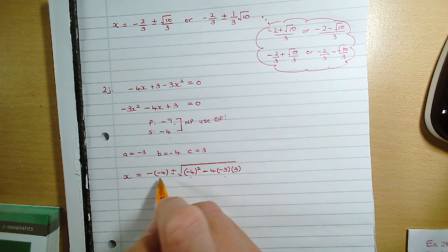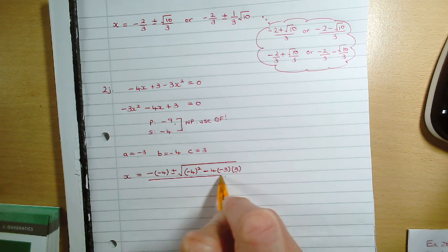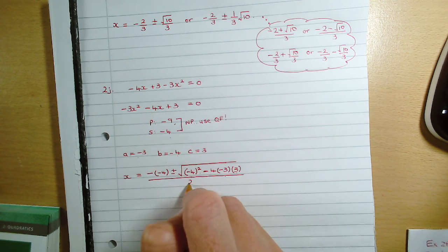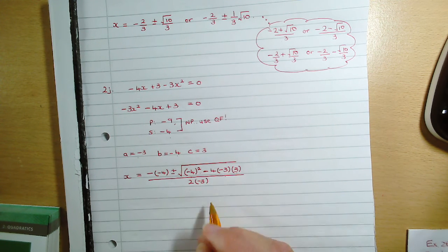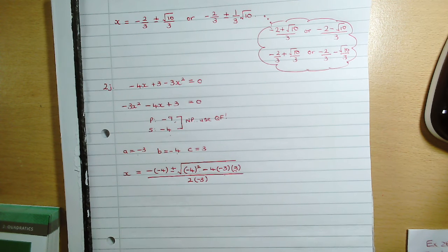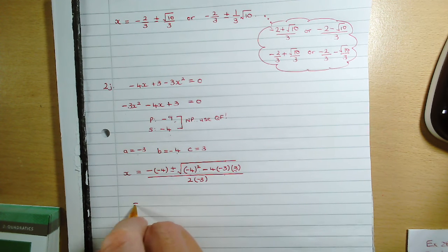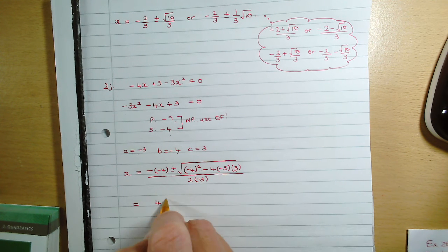And then that's all over 2a, so that's 2, and then again minus 3 goes in brackets for two reasons. We're subbing in a negative, we're also subbing in a number that has a coefficient. Tidy it up, two minuses side by side give us a plus.